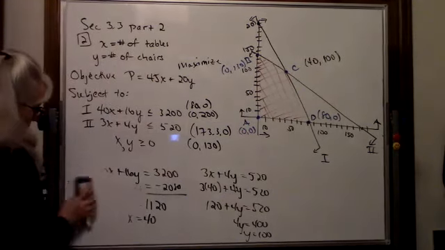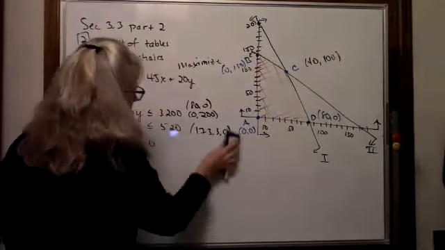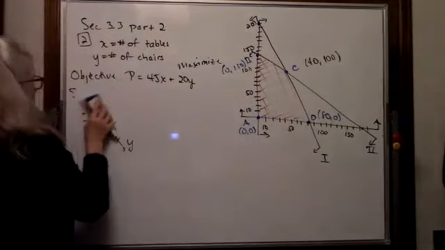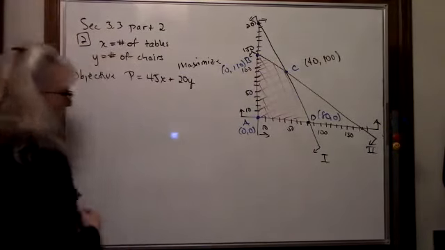Now that we found our 4 corner points, we're going to plug them into our objective function. Again, I'll make a little table just to make it easier on myself.